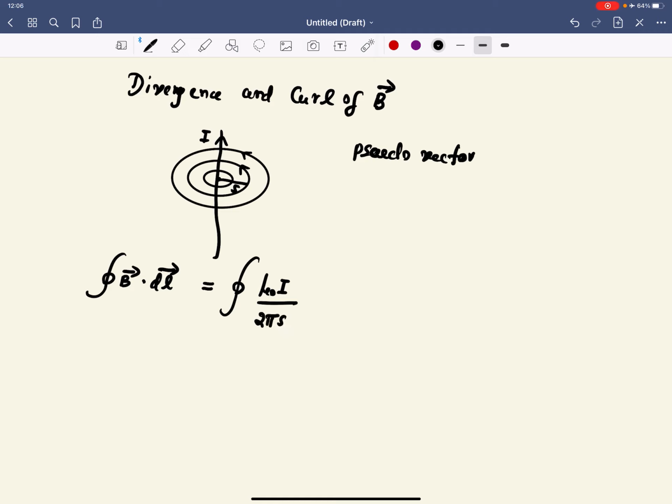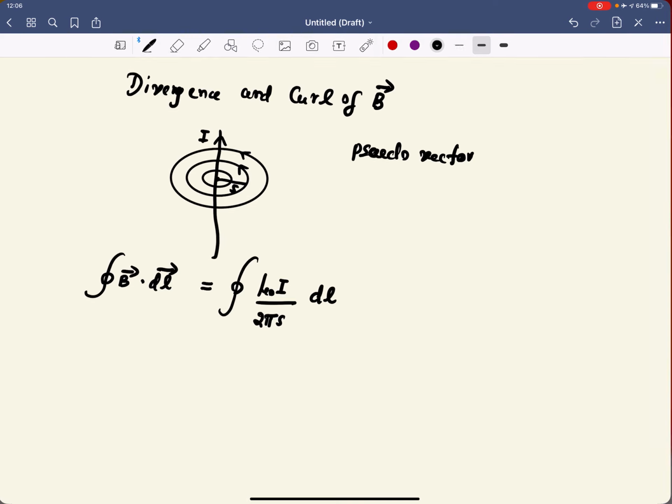Let's only take the scalar quantities, okay, because it has to be in the same direction anyway. Magnetic field has to be in the same direction as that of the elemental length, okay. And if you find using Biot-Savart law, we'll see that magnetic field is mu 0 I divided by 2 pi s, okay.